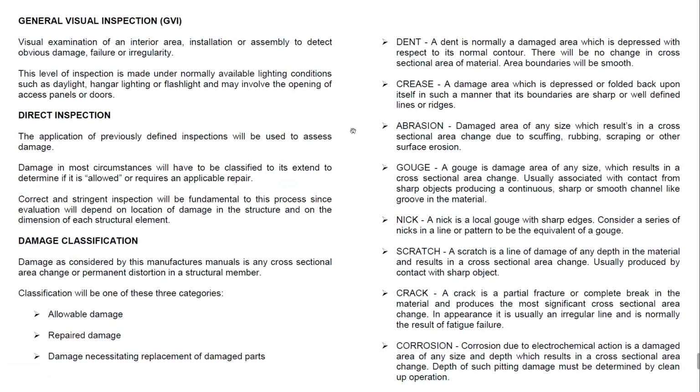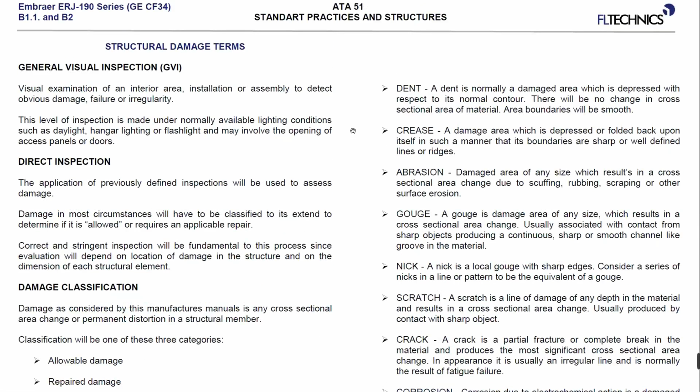Let me go back here to these terms which are related to the structure. We had detailed visual inspection, we have just visual inspection, now we have a general visual inspection. This is a visual examination of an interior area, installation or assembly to find obvious damage, failure or irregularity.